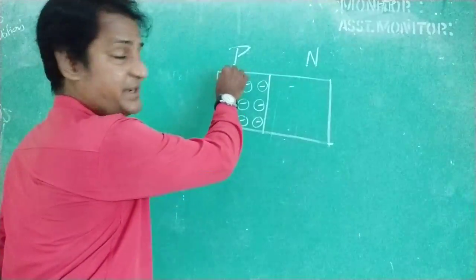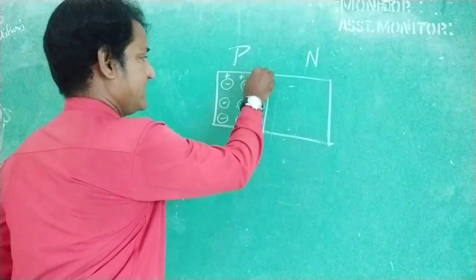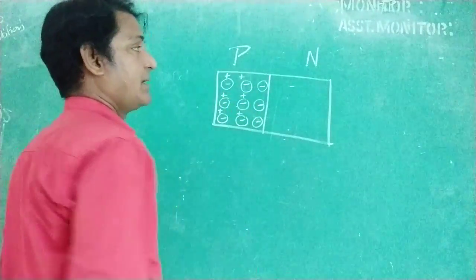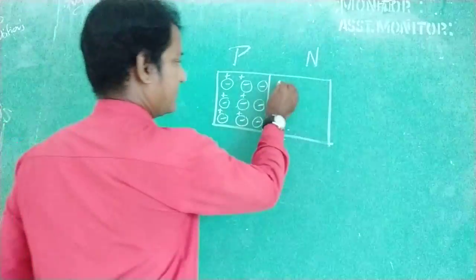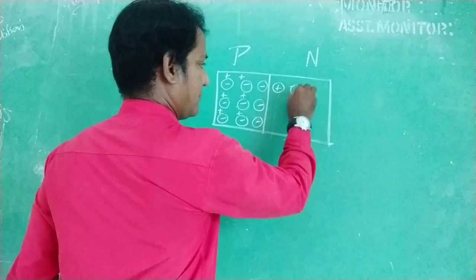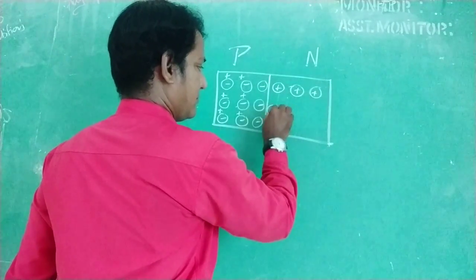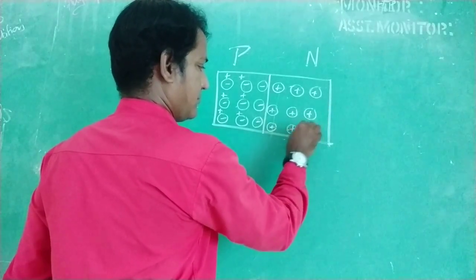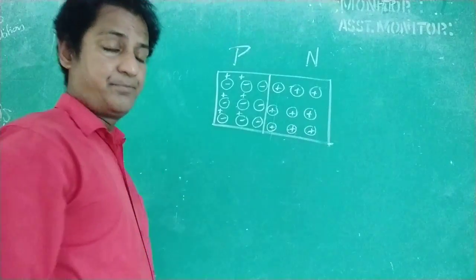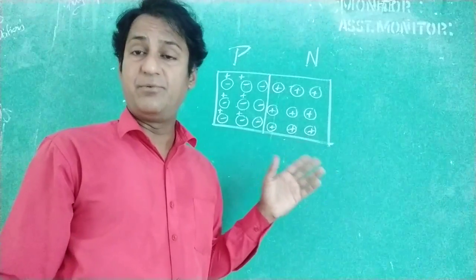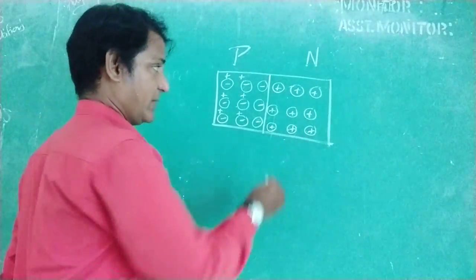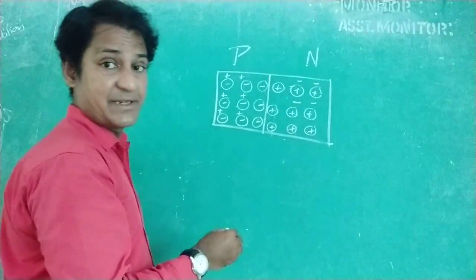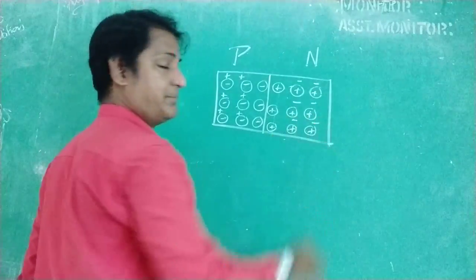And here in the P region, holes are the majority charge carriers. And in the N region, these are the immobile positive ions. I'll say why. And here in this N region, the electrons are the majority charge carriers.